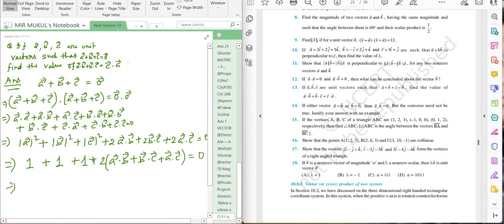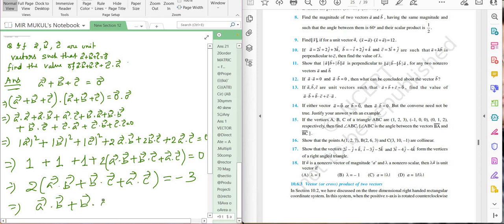Now 1 plus 1 plus 1 is 3. Bring these 3 to this side: 2 times A dot B plus B dot C plus A dot C equals minus 3. So finally we are getting A dot B plus B dot C plus A dot C equals minus 3 by 2. And this will be the answer.